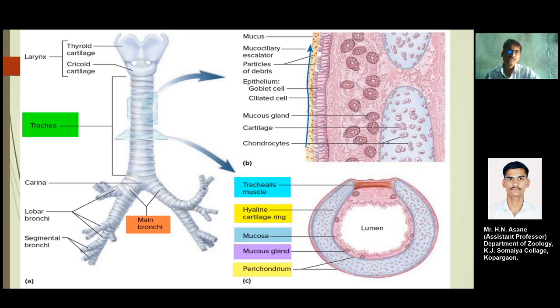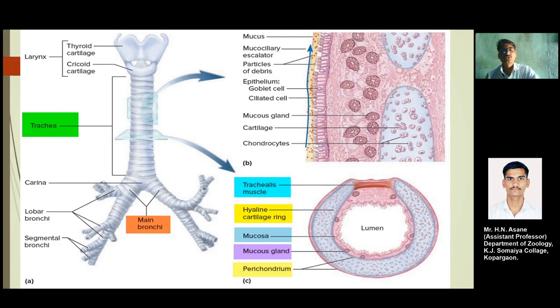Then the mucous glands are present, where we know serous fluids are secreted by the goblet cells and ciliated cells, whereas the mucous secretions are secreted by the mucous glands in the submucosa region.